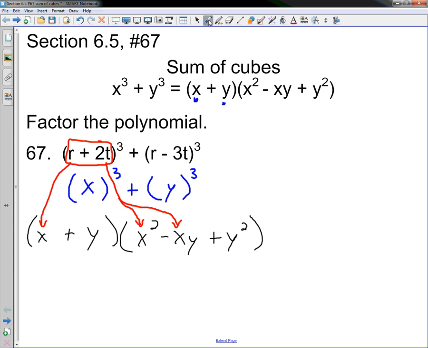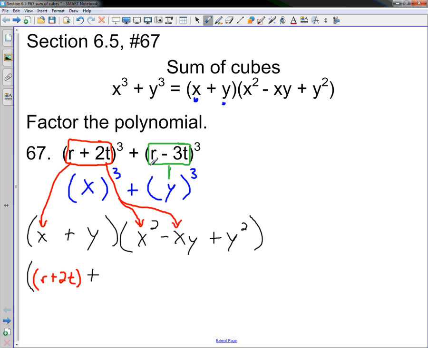So let's go ahead and start working through a little bit. We have parentheses, my x value, which is r plus 2t. Notice I'm using parentheses when I plug a binomial in like that, plus my y value. Now my y value is going to be what's in the other set of parentheses.